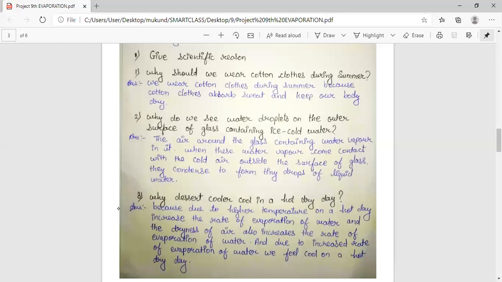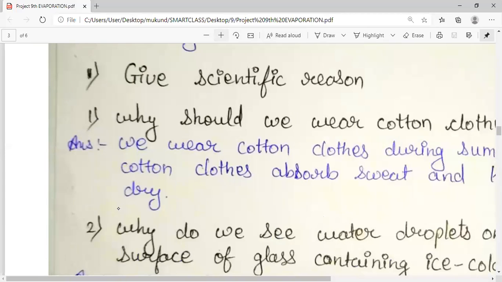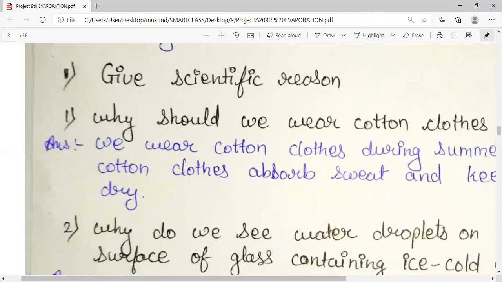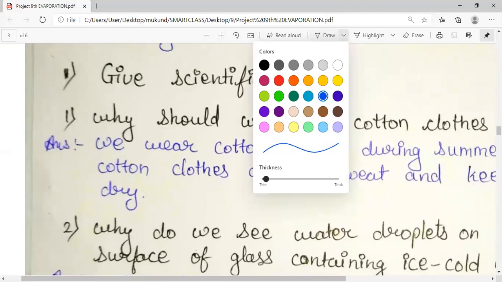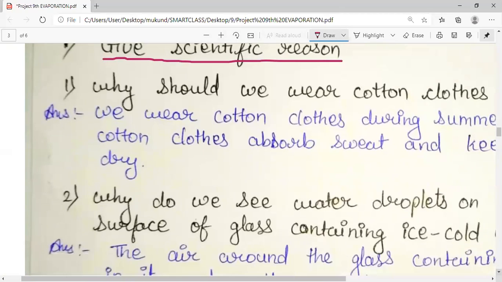Let us study these reasons, my dear students. Now, what you can see on your screen, can you read it for me? I have underlined something. What is this? Scientific reason.